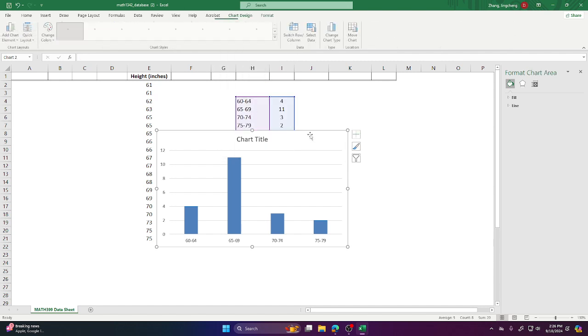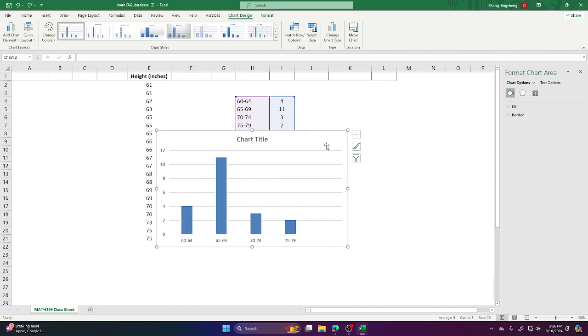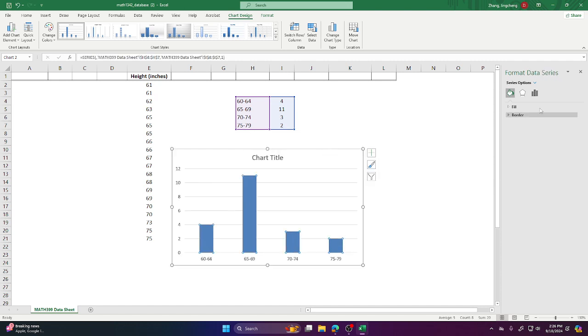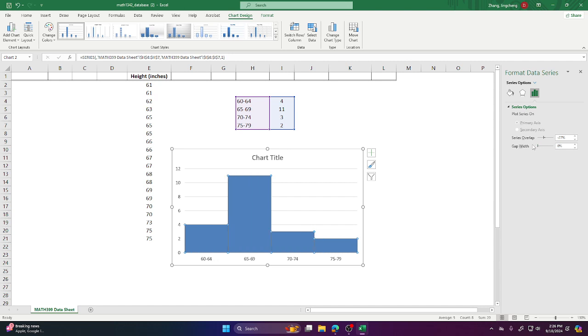Okay, cool. And then if you notice, I can double click on it, and there's stuff that comes up on the side. Way over here there is gap width, and if you change it to 0, that's a histogram now.